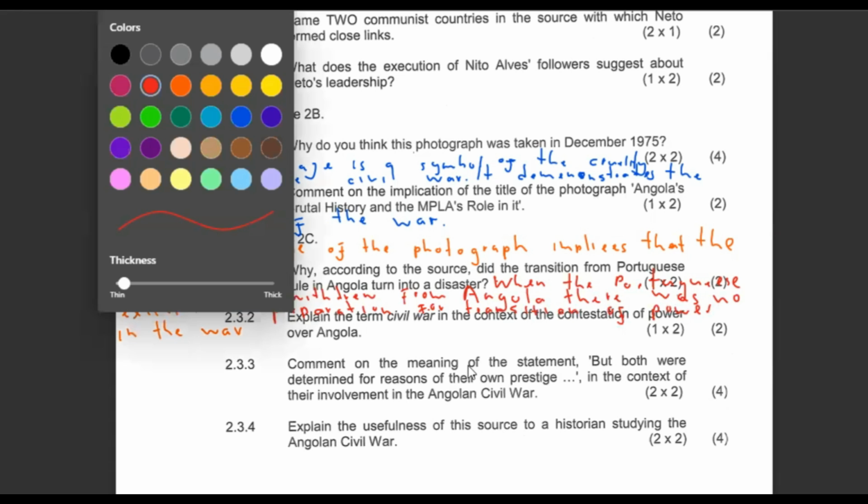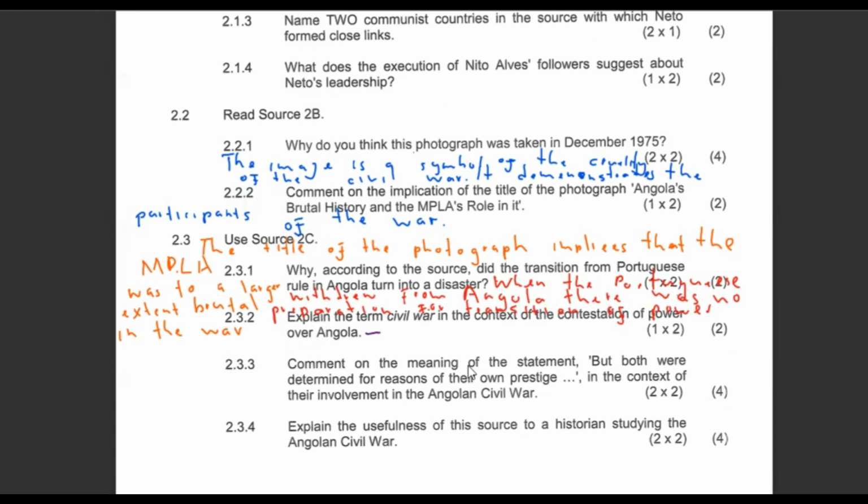Now, the next question requires a definition of terms. Explain the term civil war. A civil war is a war fought by people from the same country.